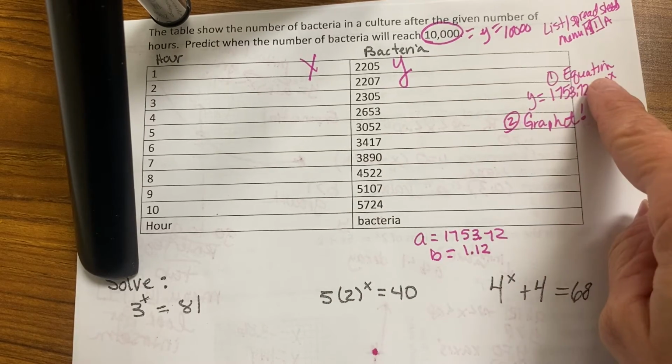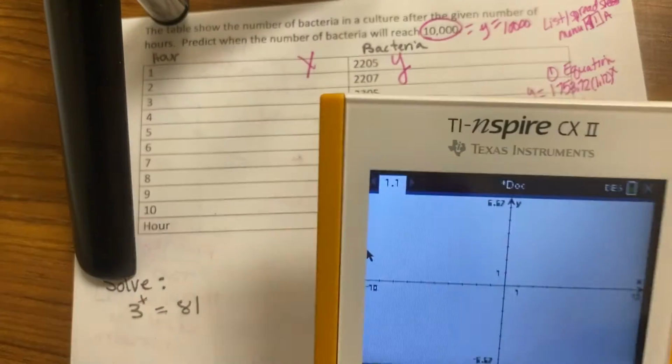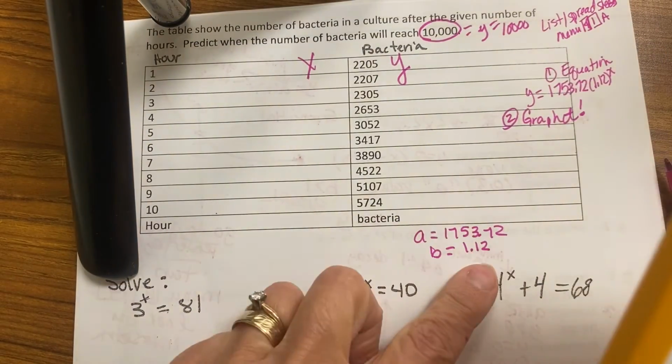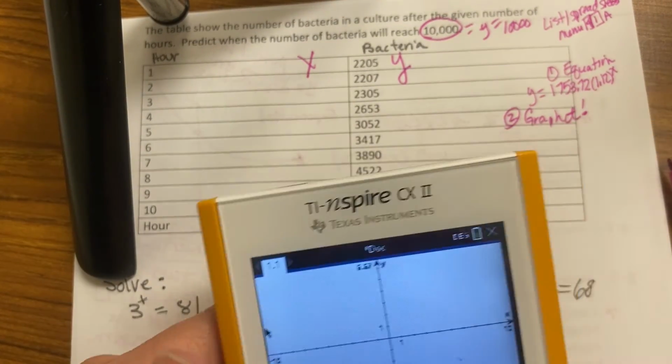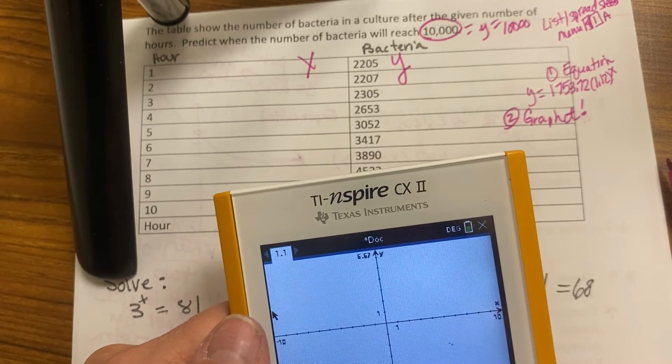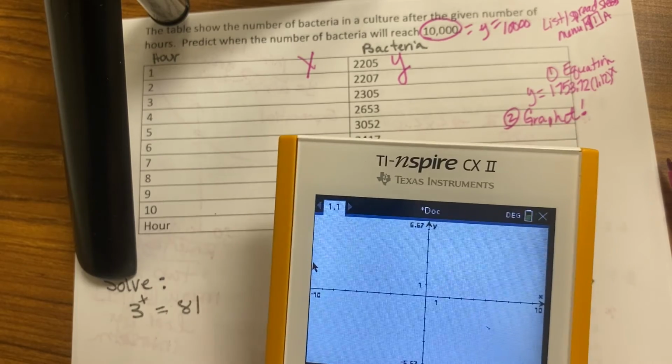So we're going to take this equation and we are going to graph it. So on your calculator, you're going to go to your graph, and you are going to graph 1,753.72 times 1.12 raised to the x.